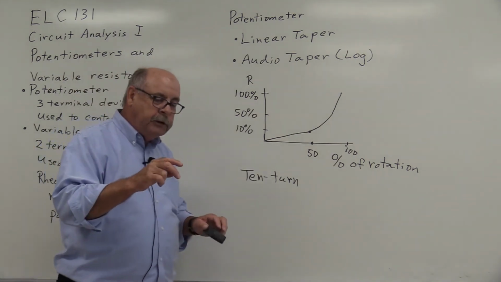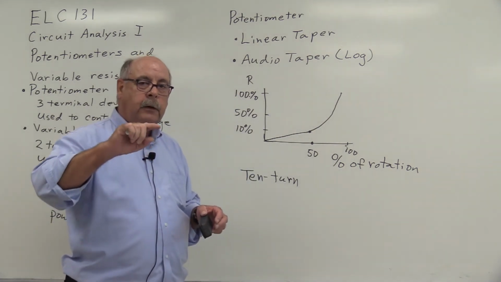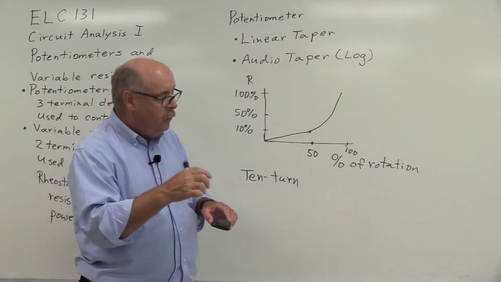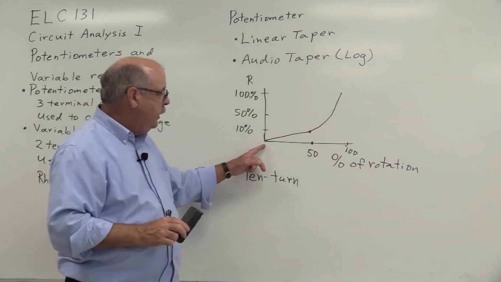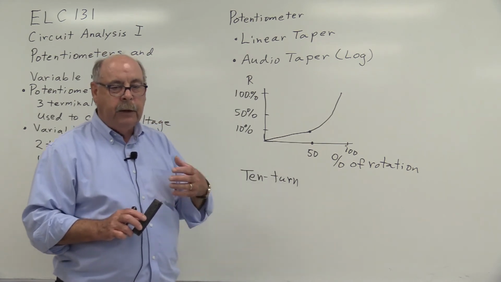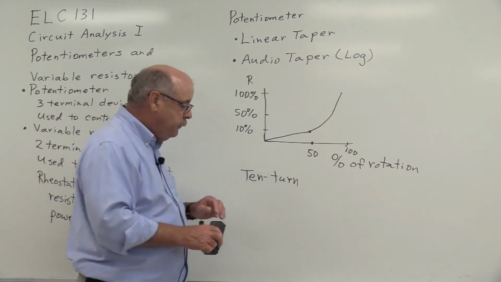And they achieve this by having a gearing system inside the potentiometer. So again, one complete rotation of the shaft only results in a 10% change in the resistance. This allows you much better control for calibration purposes.